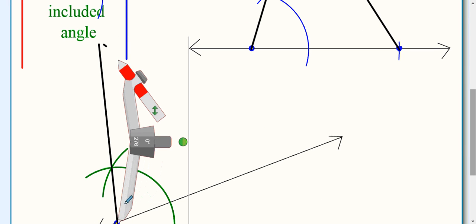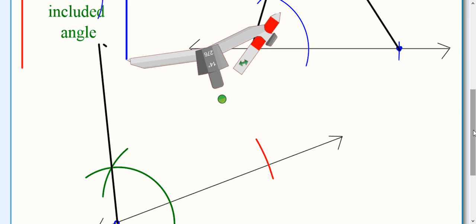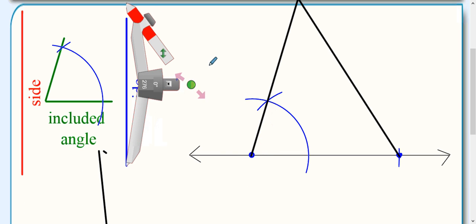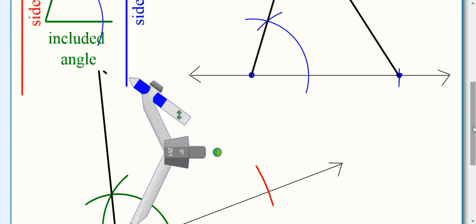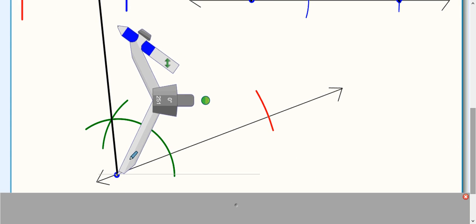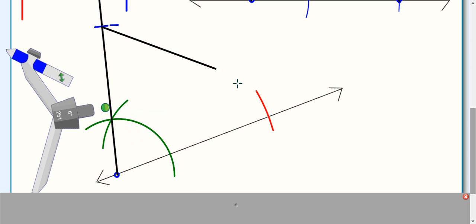Red on the bottom, and we'll do blue on the other side. So that makes a triangle, right there.